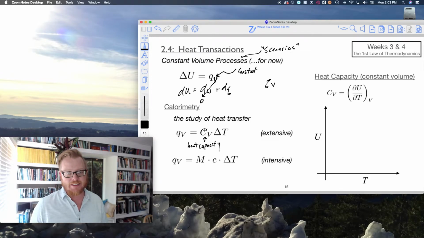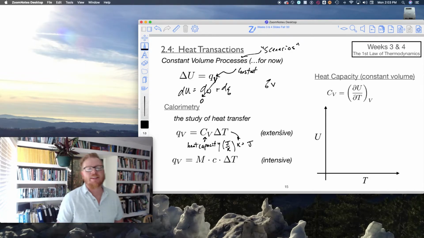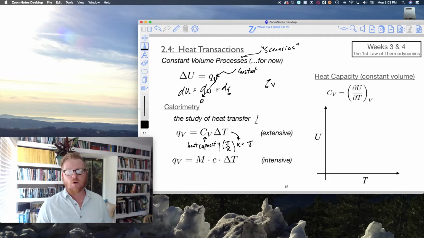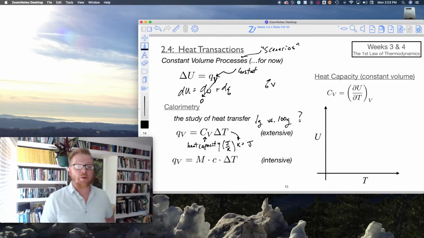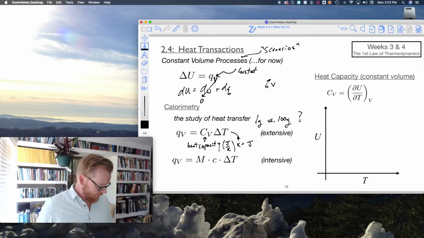This heat capacity, CV, has units of joules per Kelvin, and temperature is in Kelvin, so this gives me units of joules. That's the extensive parameter. In other words, the heat capacity of 1 gram versus 100 grams matters: 100 grams of material will be able to absorb more heat than 1 gram of material.